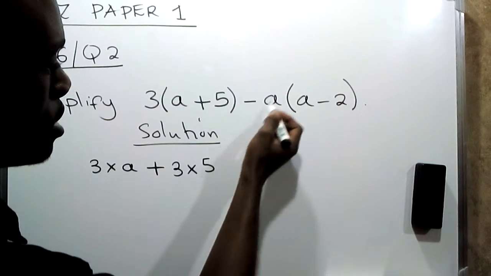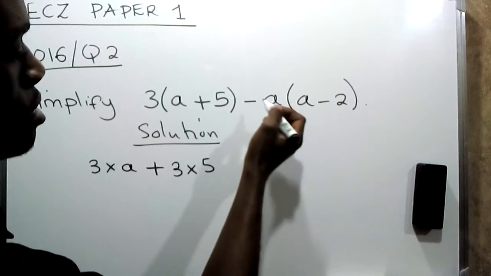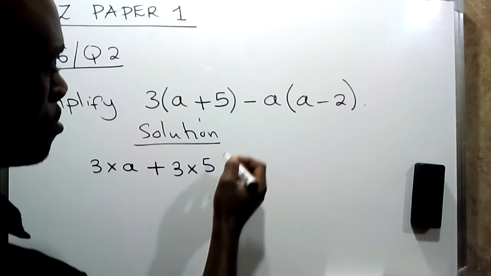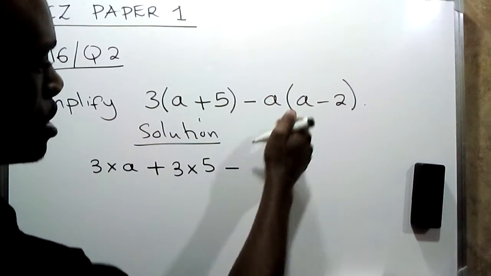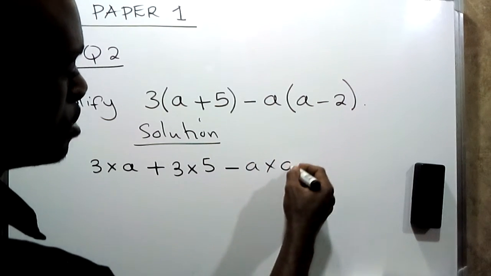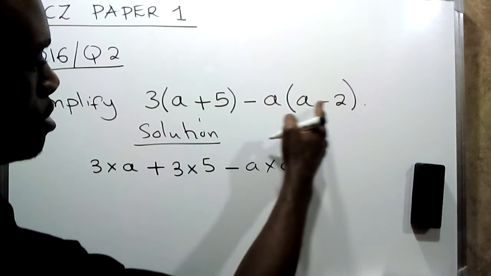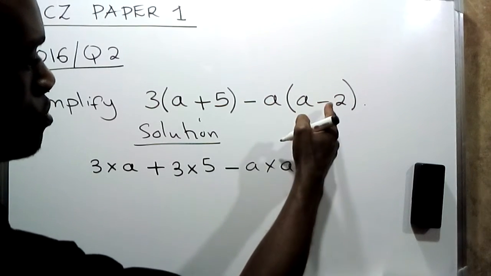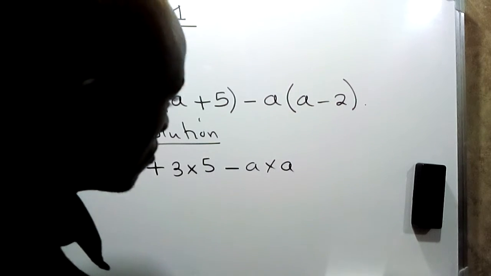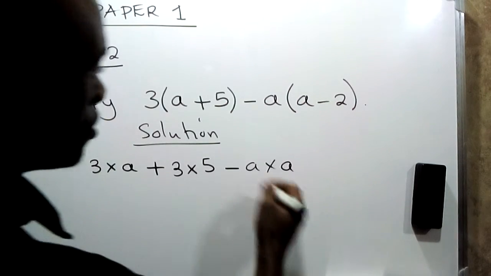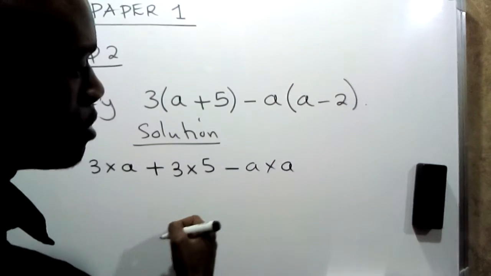We're going to multiply this negative a times a, negative a times negative 2. So this is going to be negative a times a. Notice that this is negative, and we also have this number which has this sign, negative 2. So therefore this is what we are going to have.